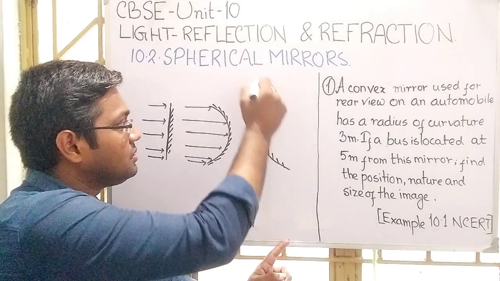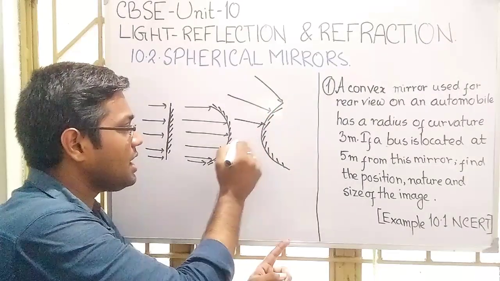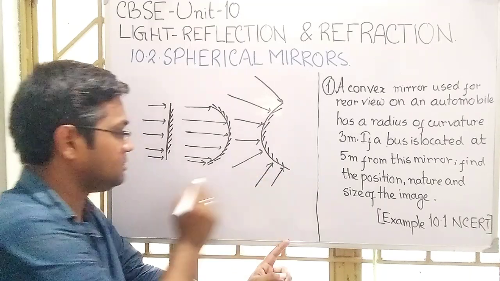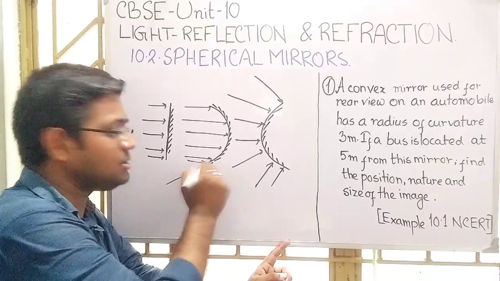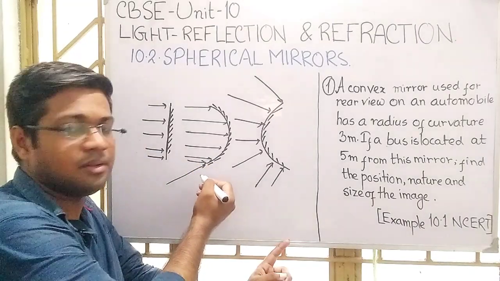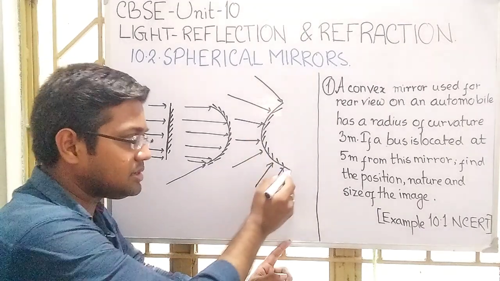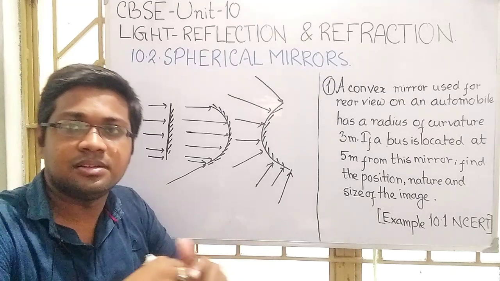But in case of the convex mirror, just see, it can take information from all the available sources. Here if I send something from this side, it cannot reach the mirror, but here it can reach the mirror. These rays also can make the image on the convex mirror.